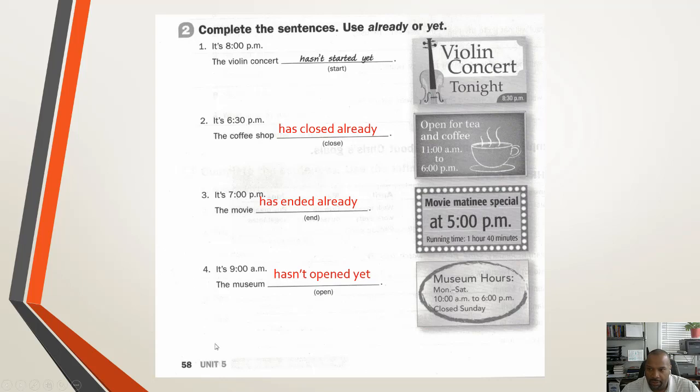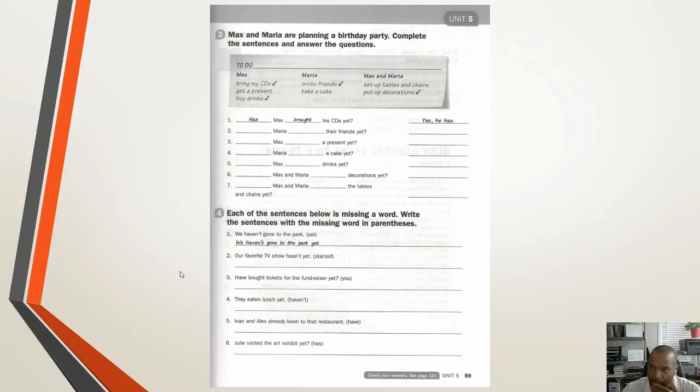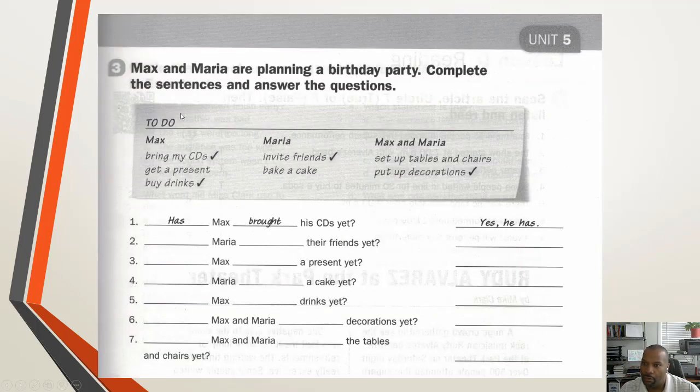Alright, so let's move on and we'll take a look at page 59. Okay, page 59 in our workbook. Alright, let's take a look at number 3. It says, Max and Maria are planning a birthday party. Complete the sentences and answer the questions.